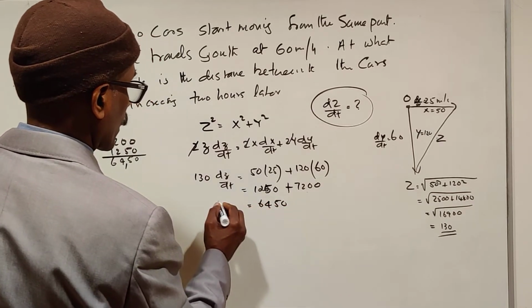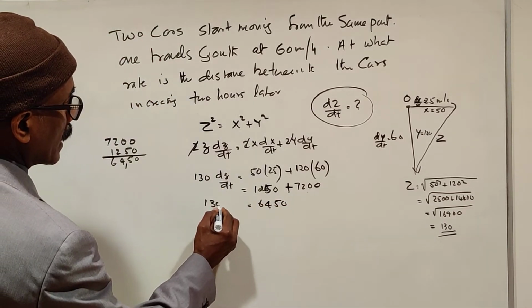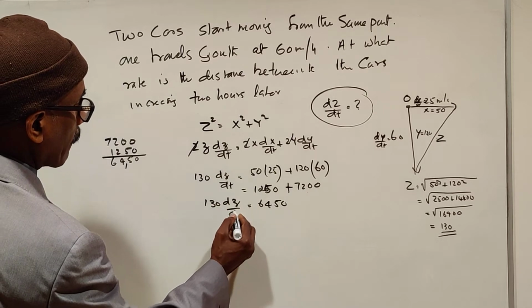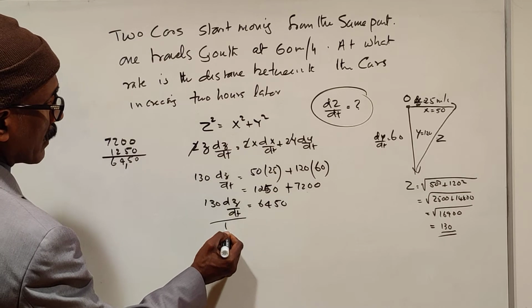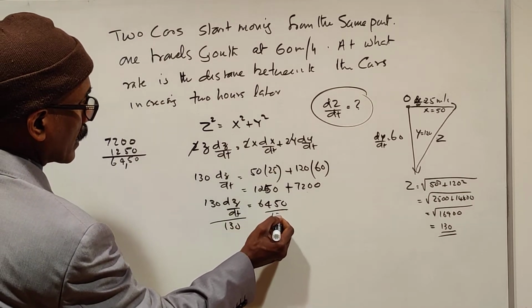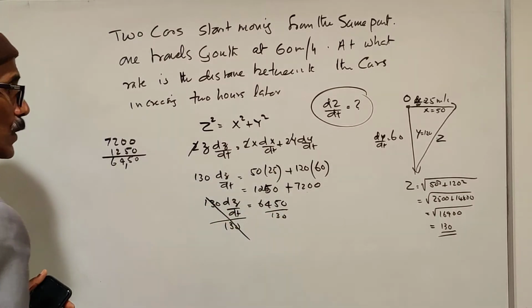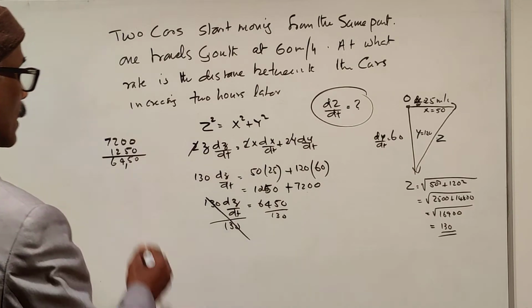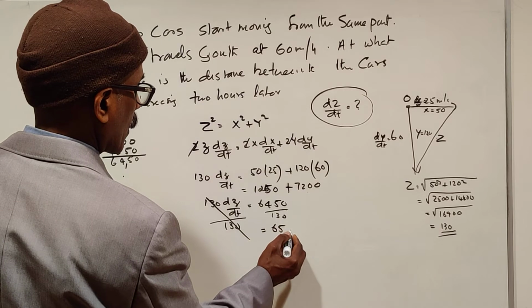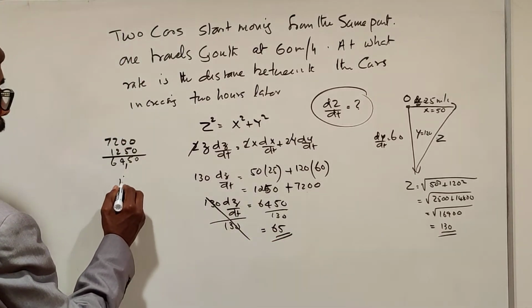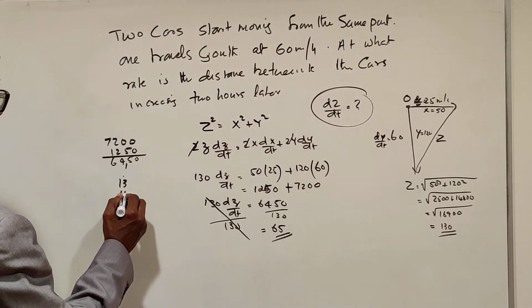We don't need to find the square root. Okay, 130 dz by dt equals this. Dividing by 130, I think this is 65. 130 times 65.